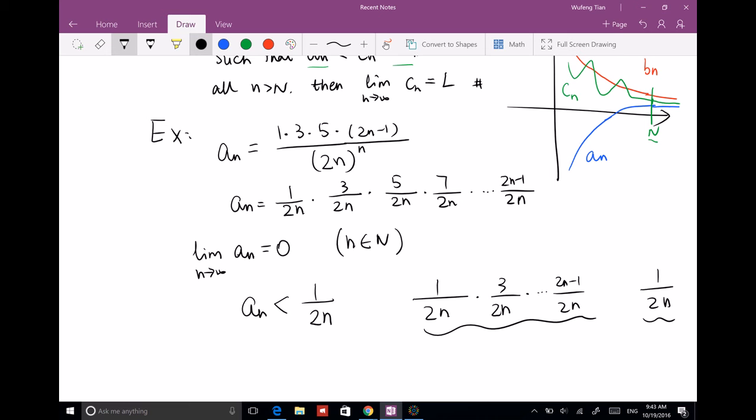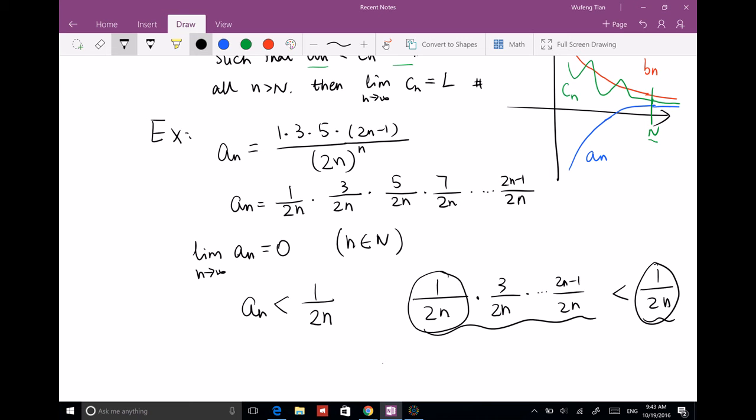Okay, any other straightforward idea? Tell me why a_n is less than 1 over 2n. In the first fraction there, we keep multiplying by another fraction, which keeps making the value smaller and smaller. Very good, Taylor. Thank you very much. Your first one is 1 over 2n. Comparing this one and this one, it's the same thing, but we are multiplying by a fraction.